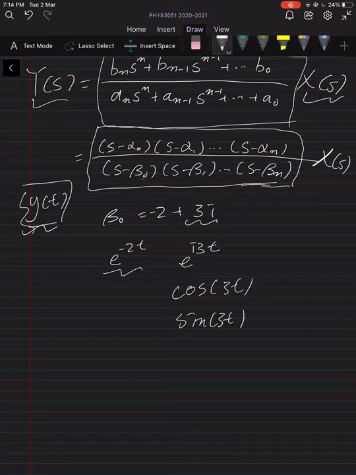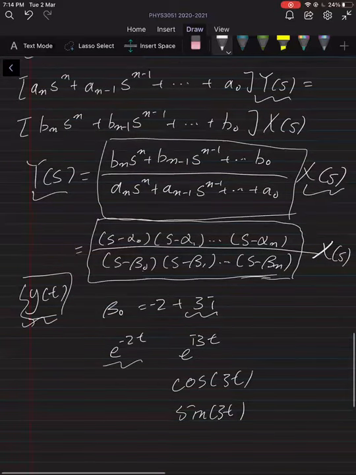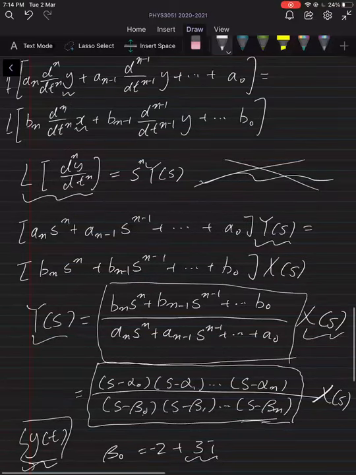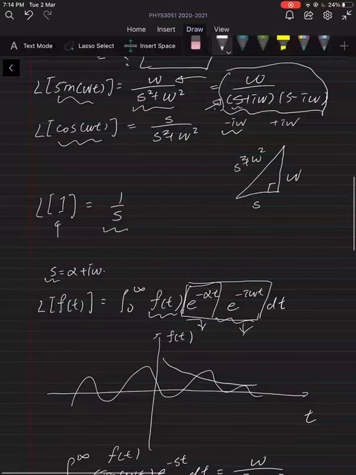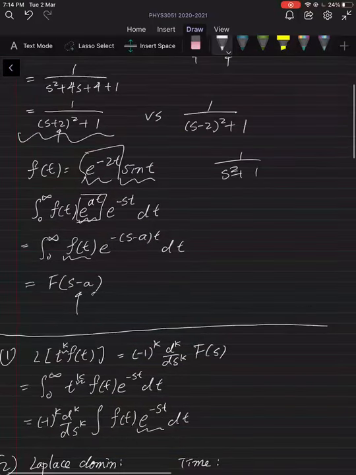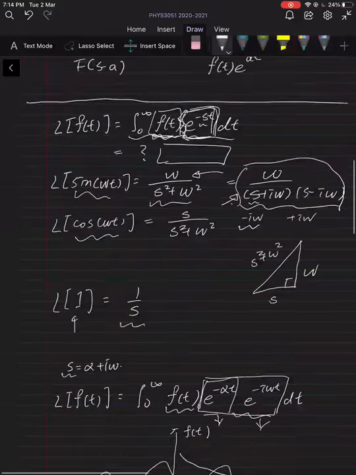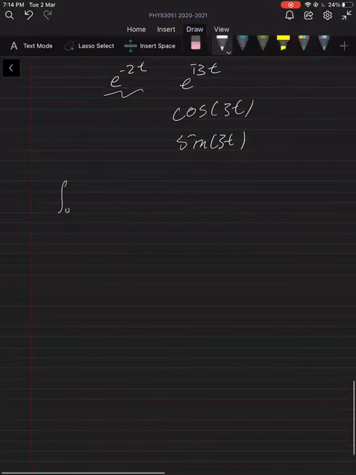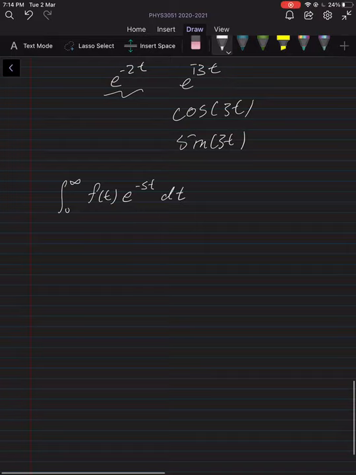Can I ask a question? When we defined the Laplace transformation, the definition is the integration from 0 to infinity of the function times the exponent of minus st. We then reasoned that because we want the integral to be finite, s must be larger than 0.